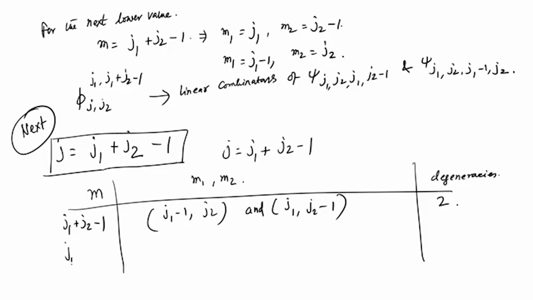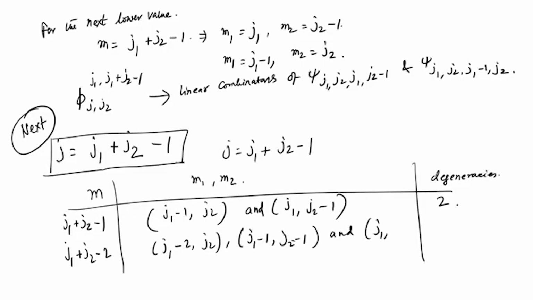So, the next one will be J1 plus J2 minus 2, and that will have 3 combinations and so forth, which is what we have written down. Okay. So, if you need me to complete this, then this is equal to J1 minus 2 J2, and J1 minus 1 J2 minus 1, and J1 and J2 minus 2, and this has 3 degeneracy and so on.